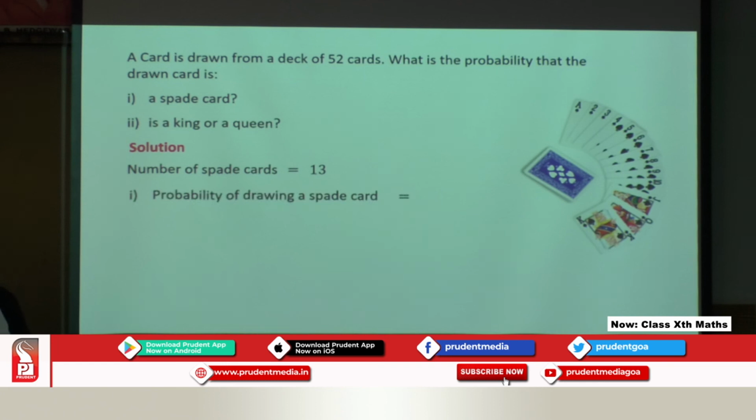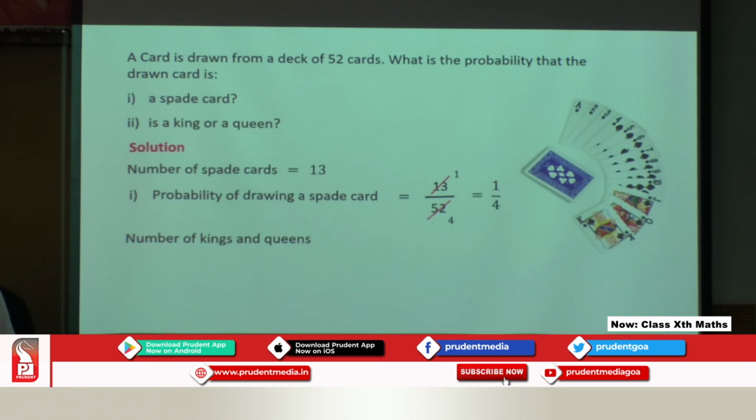Therefore, the probability of drawing a spade card is 13 upon 52. And we can reduce this fraction by dividing by 13. 13 ones are 13, 13 fours are 52, you get 1 upon 4. In the second case, we want the probability that the drawn card is a king or a queen.